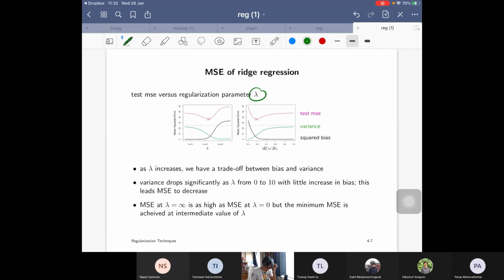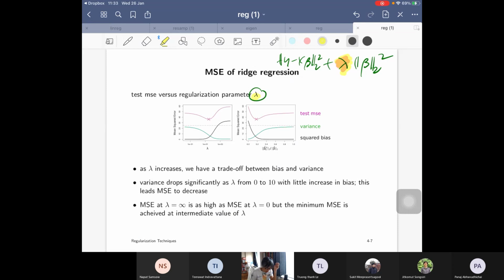But then, sorry, I use lambda here, but please remember that it means the same thing. So basically, lambda is the penalty parameter that multiplies the regularization term. Sometimes it's called the regularization parameter.